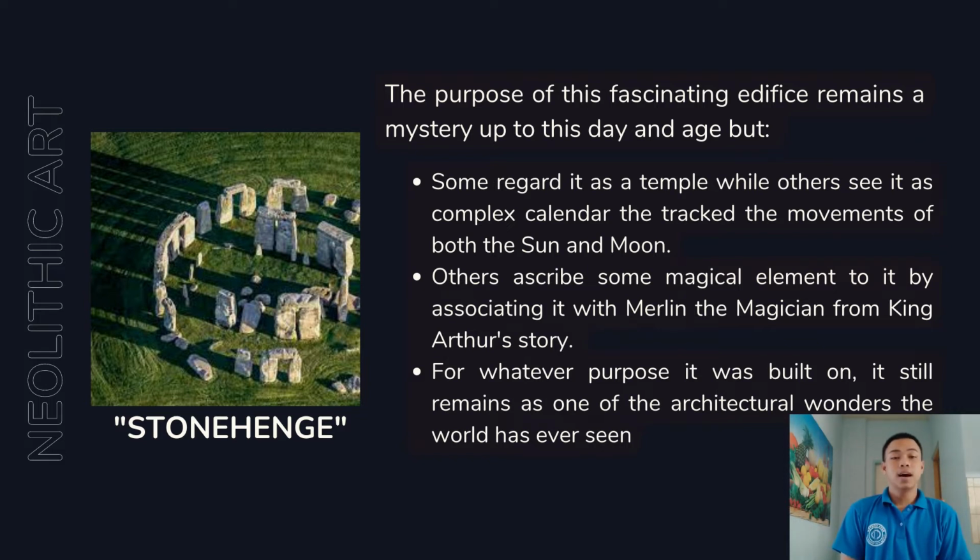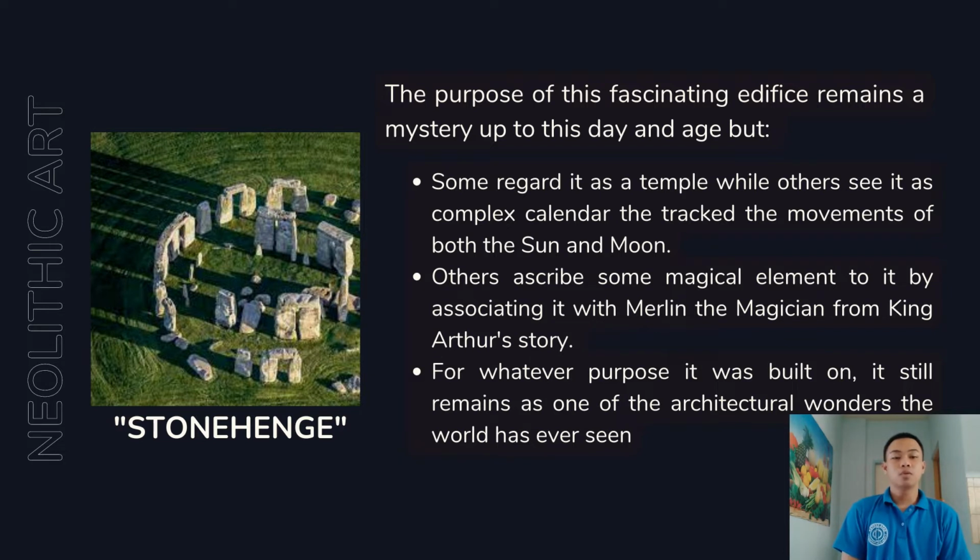Some regard it as a temple, while others see it as a complex calendar that tracks the movements of both the sun and moon. Others ascribe some magical elements to it by associating it with Merlin the magician from King Arthur's story.